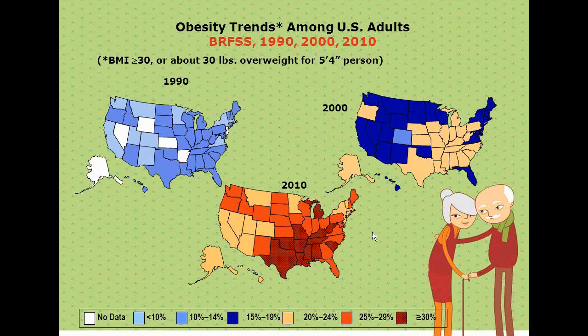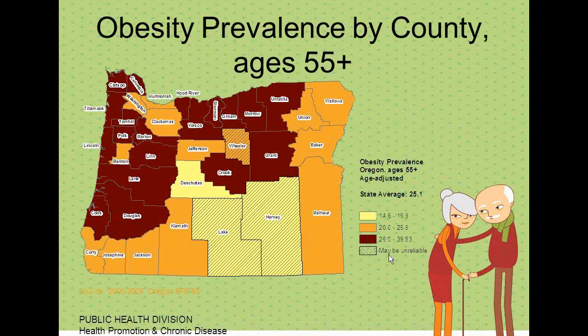You'll see that we have 25 to 29%. So now let's look at this county-wise. And this doesn't surprise me a bit. Look at Deschutes right there, 14.6 to 19.9. That is the recreation mecca of Oregon. Deschutes County is the only county with less than 20% obesity prevalence.